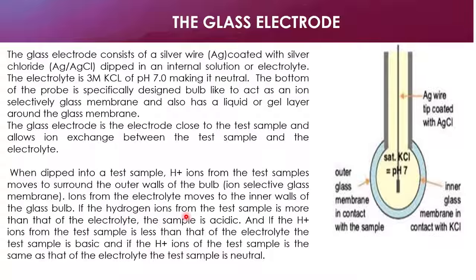If the hydrogen ions from the test sample are more than that of the electrolyte, the sample is acidic. If the hydrogen ions from the test sample are less than that of the electrolyte, the test sample is basic. And if the hydrogen ions of the test sample are the same as that of the electrolyte, the test sample is neutral.